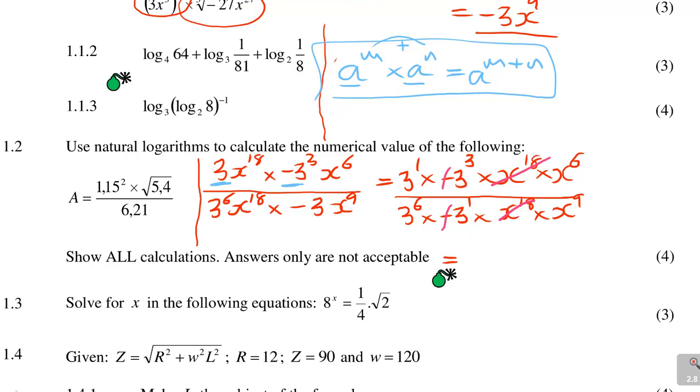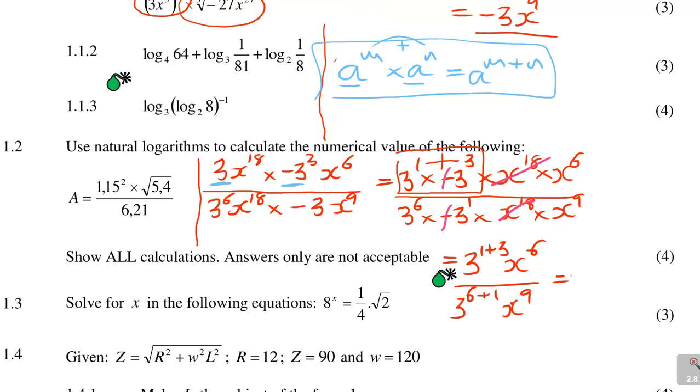So now I can apply the law that I was telling you about here. The base is 3, so it's 1 plus 3, because I have to add these two exponents, and then it's x to the power of 6 over, I do the same thing at the bottom, 3 to the power of 6 plus 1, and then x to the power of 9. Are you getting that?